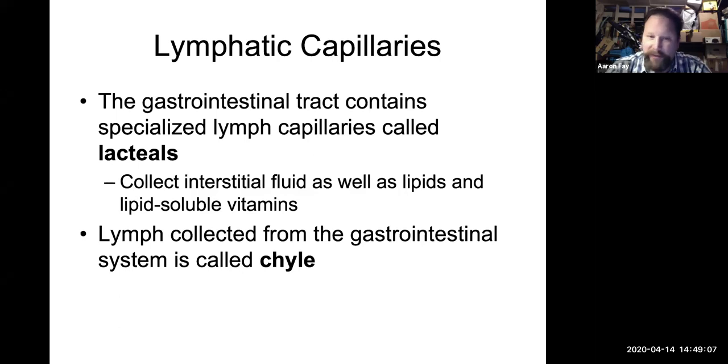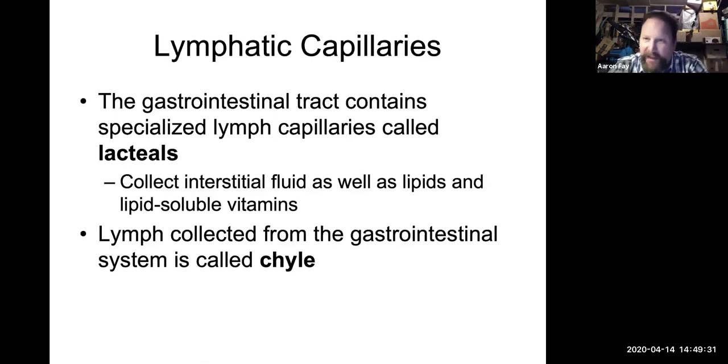And the reason why they're milky is because they have lots of emulsified or dissolved fats. So this is how the lymphatic system helps collect, absorb fat from our diet, and then transport it inside the body. It uses special tubes. It uses these lacteals.